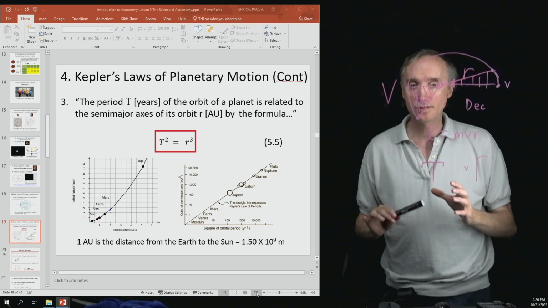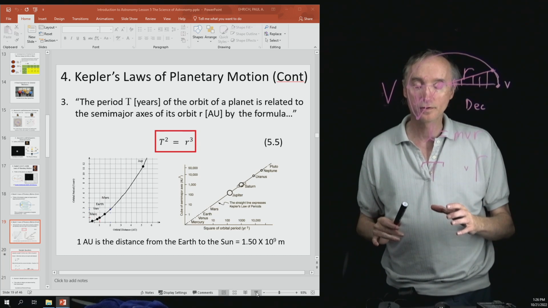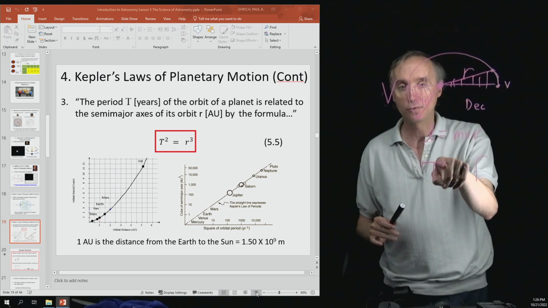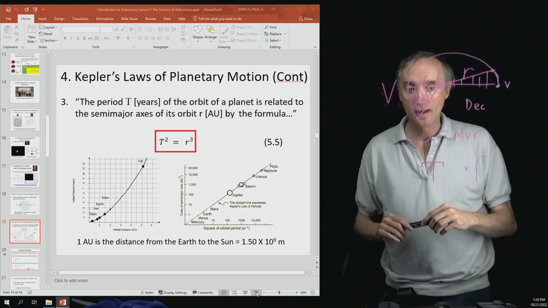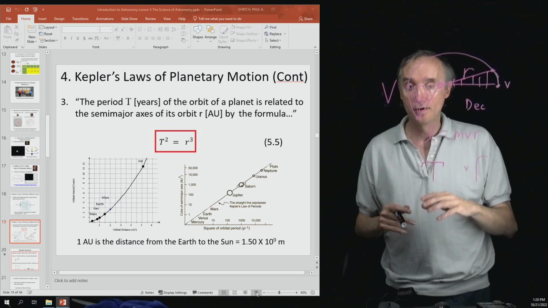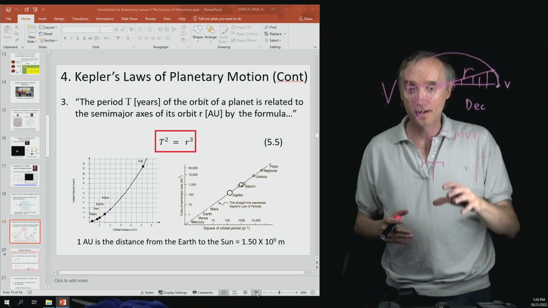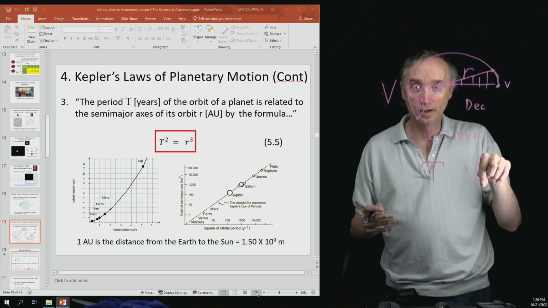Anyway, that's going to mean the amount of time it takes the planet to go around, and he painstakingly made graphs of the time it took to go around for each of the different planets in our solar system, and compared that to the distance they were from the sun.